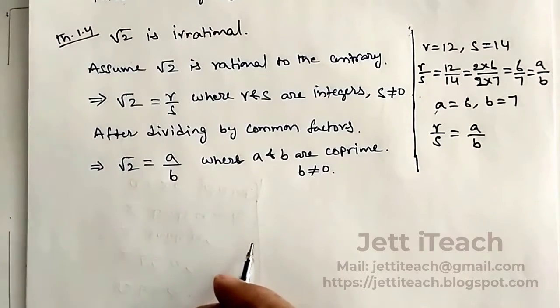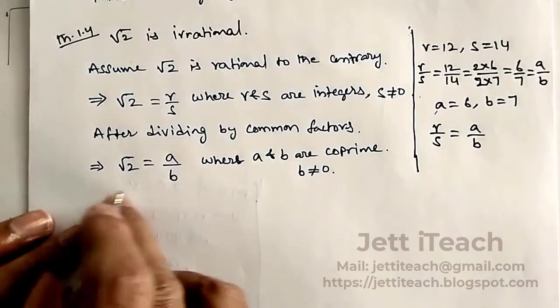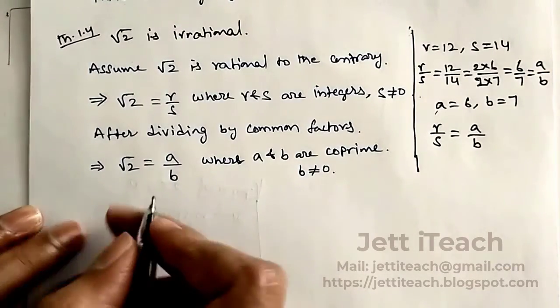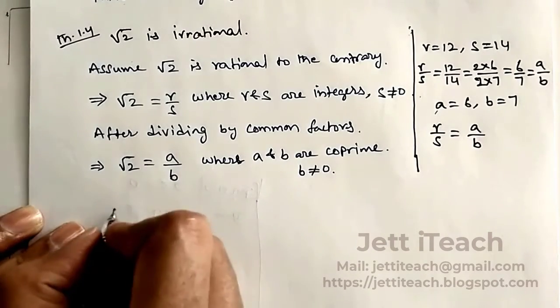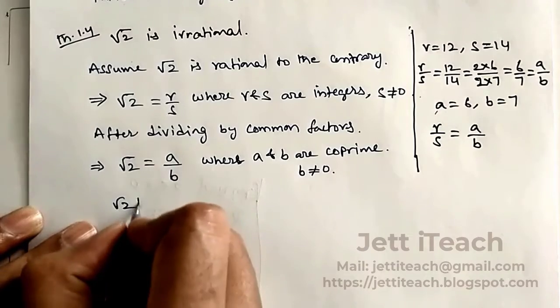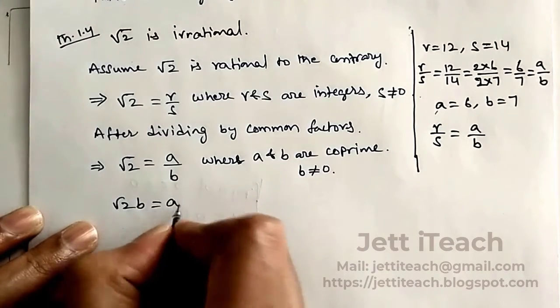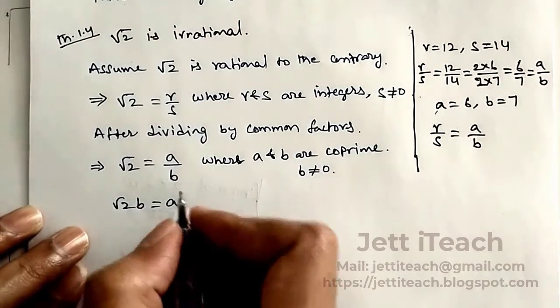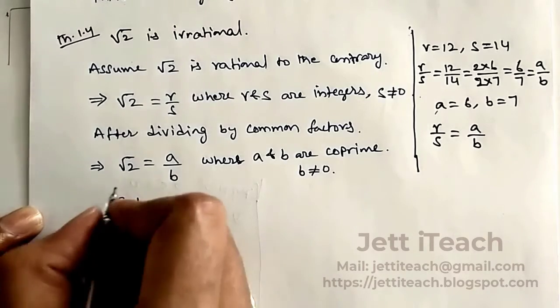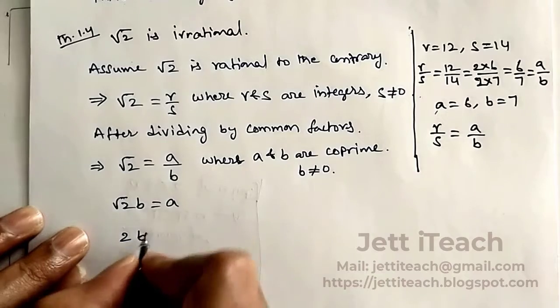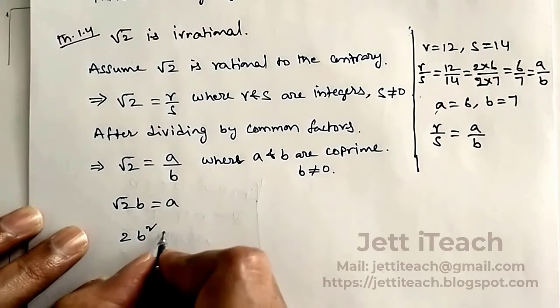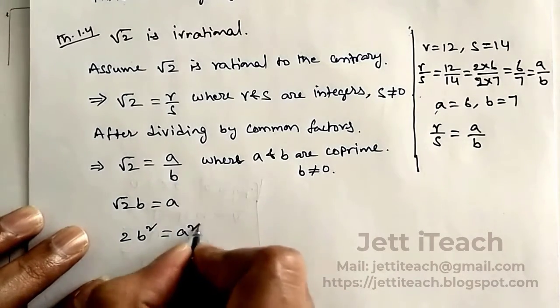Okay, now we can simplify this one. Root 2 b equal to a. You can do squaring on both sides, so you will get 2b square equal to a square.